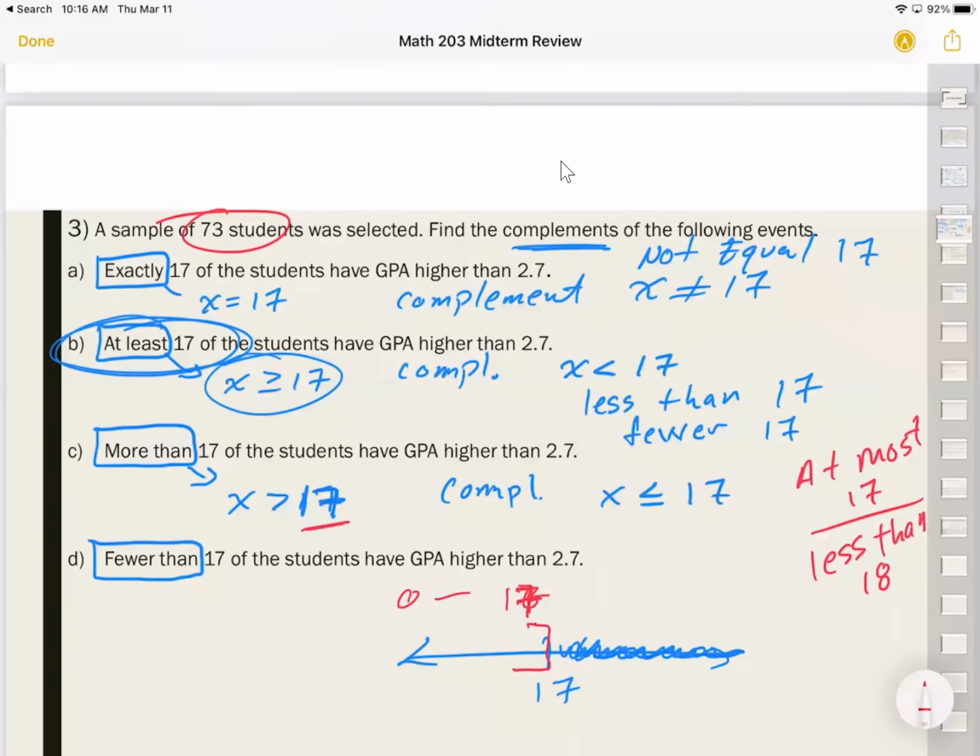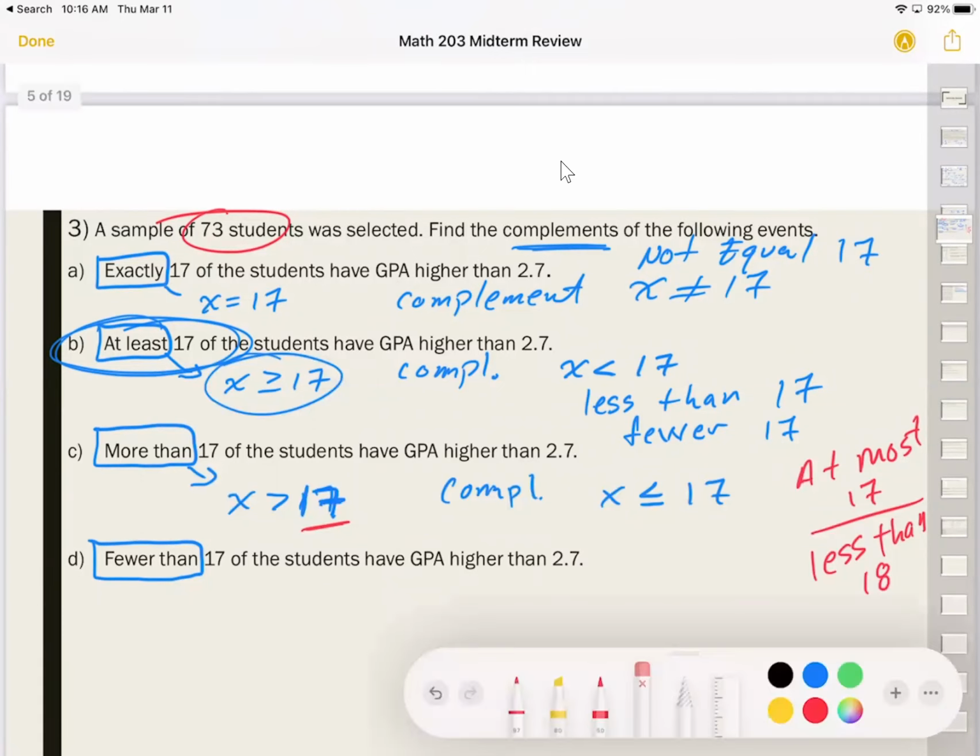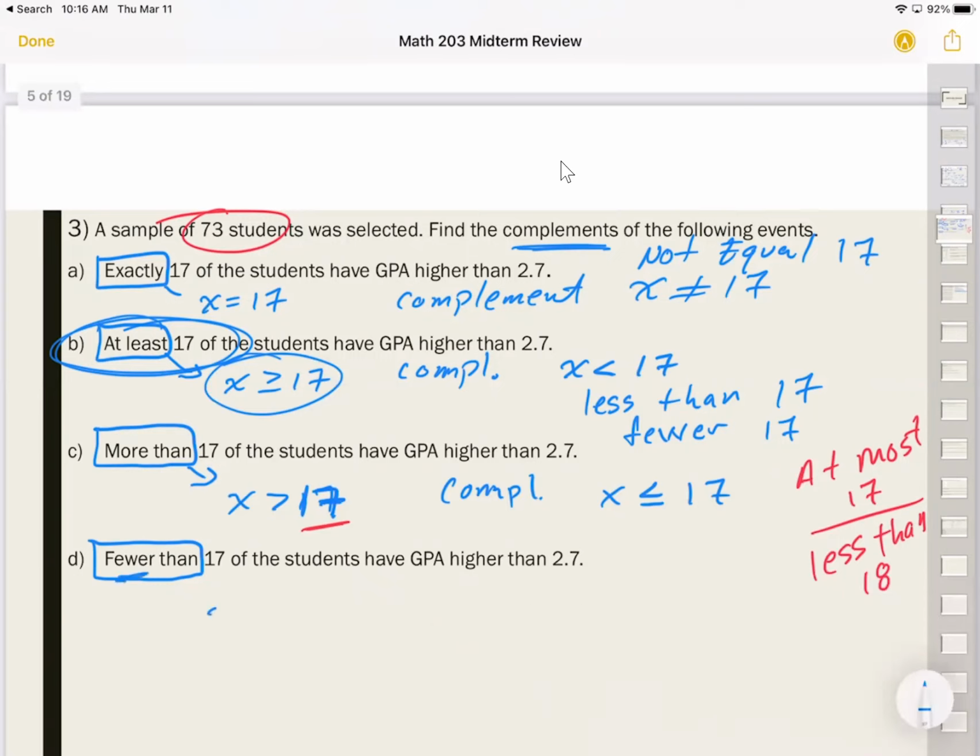And lastly, hopefully now, what is the answer for D? Do you agree that this thing is fewer than 17, meaning X is less than 17? That's fewer than 17, meaning the complement will be X is greater than or equal to 17, right?